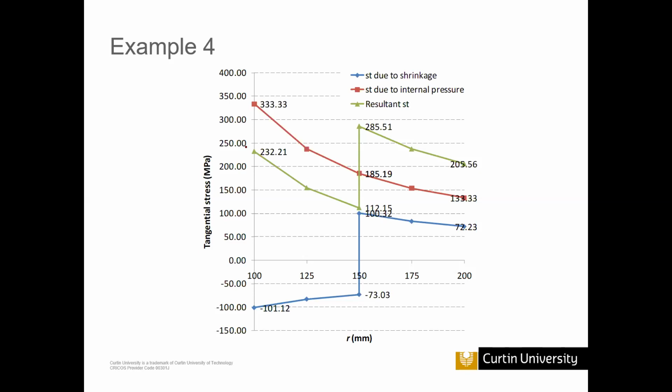So the resultant one, you can see, is in between these two. When you pressurize internally, the first cylinder gradually decreases, and if you use one single cylinder, this is what happens. But with the compound cylinder, you can see it decreases, increases again at the contact point, and reduces.